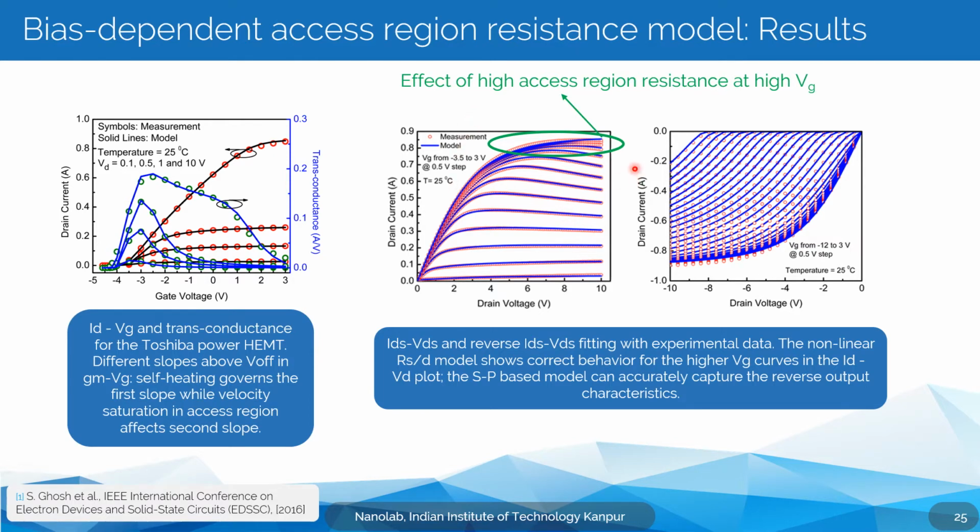So the quasi-saturation effect basically manifests itself again in a region where the currents are very high and the gate voltage is very high. So you see this bunching of different gate voltage curves together. This is what's called a quasi-saturation effect. So basically, in this region, the device current is limited by the access region resistance.